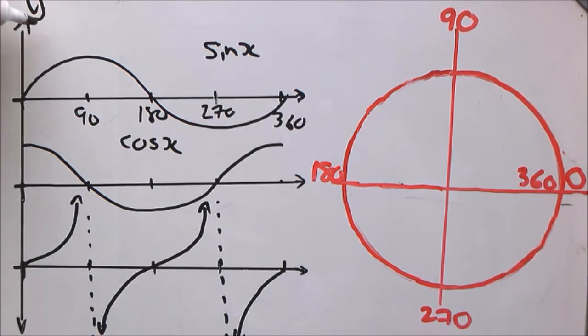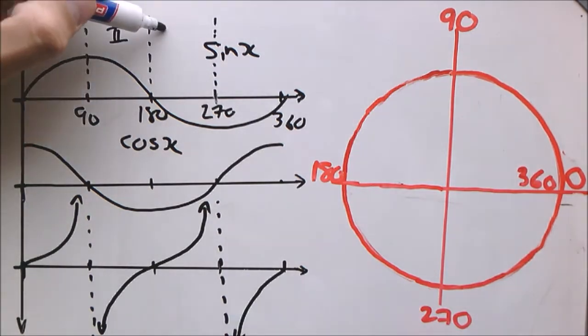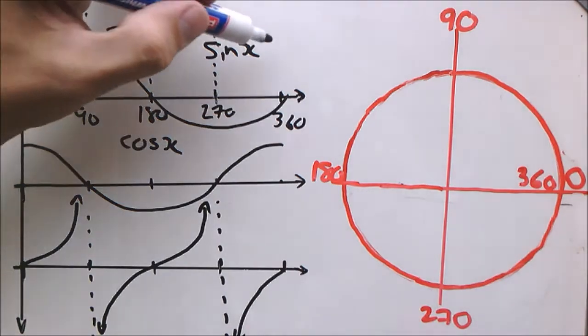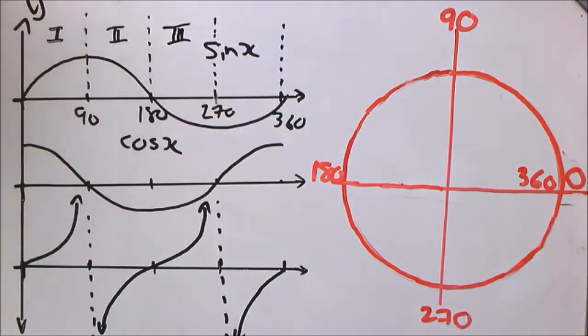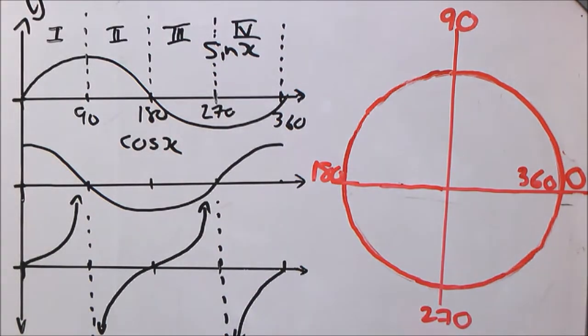Let's define the first quadrant. Between 0 and 90 it's the first quadrant. Between 90 and 180 it's the second quadrant. Between 180 and 270 it's the third quadrant. And between 270 and 360 it's the fourth quadrant.